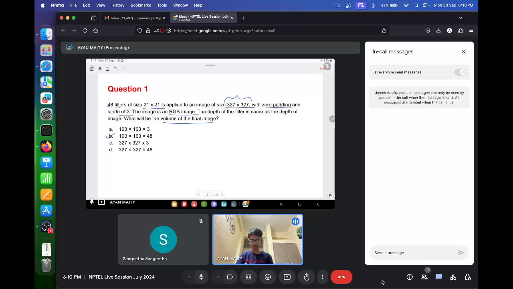The formula to find the output of a convolution layer is this: if the original image is of dimension w by h by d, and the kernel is f by f, and there are k such filters applied, then the output image will have width w1 equal to w minus f plus 2p, where p is the padding, divided by s, where s is the stride, plus 1. Similarly h1 would also be the same.